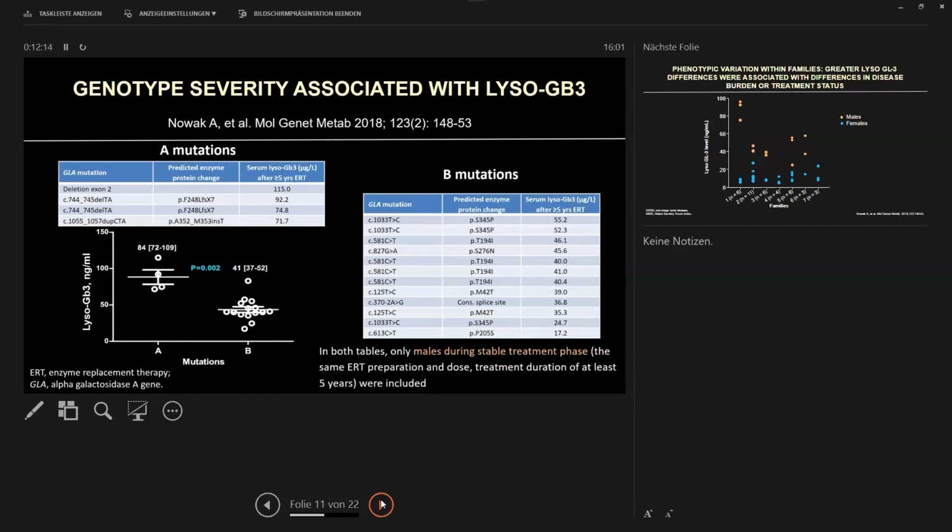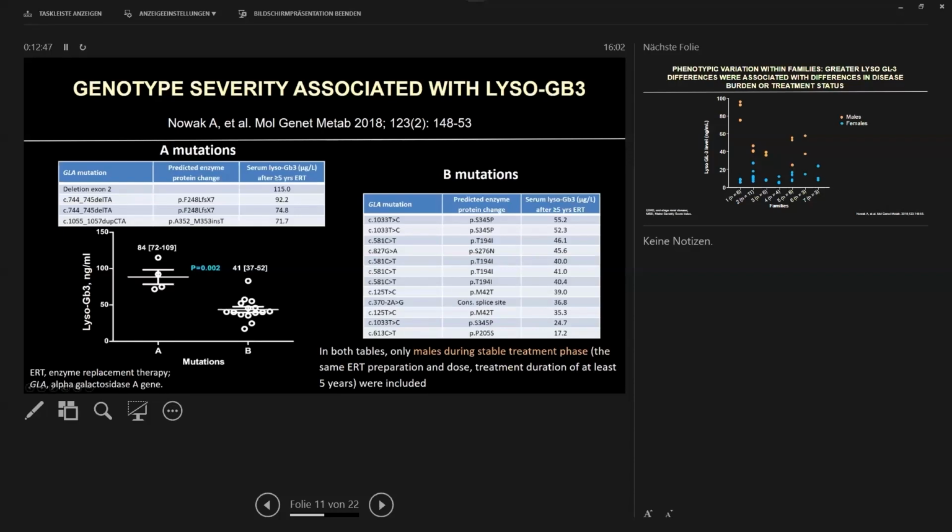Lyso-GB3 is also helpful to reflect the genotype severity. If we have particularly severe mutations, which are deletions, that means that a piece of the DNA is broken away, then we will have higher Lyso-GB3 levels in the blood compared with the patients in whom we have only one piece exchanged in the DNA.